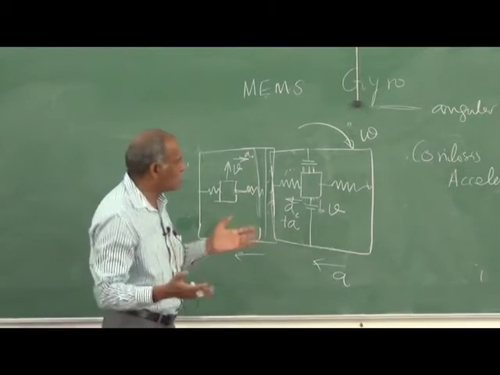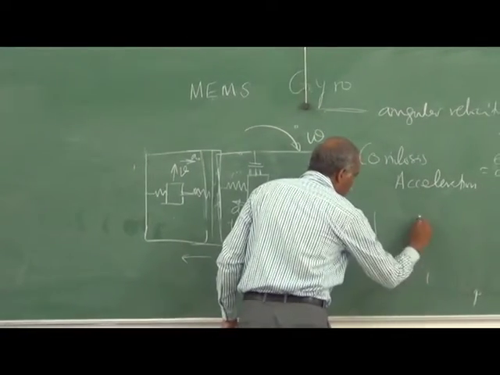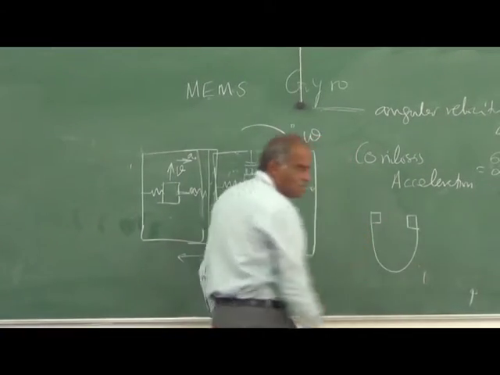So there is a construction called tuning fork construction, wherein one mass is like this, another mass is like this.